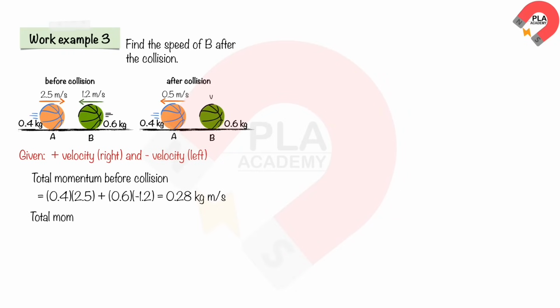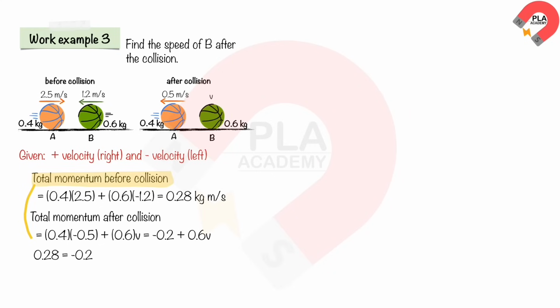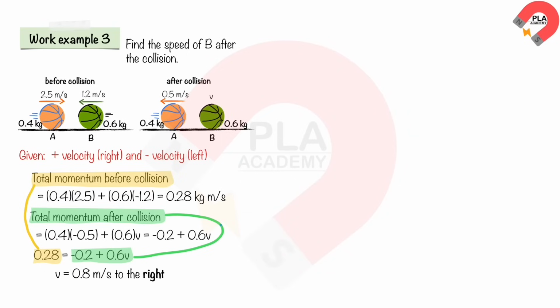The total momentum after collision is 0.4 times minus 0.5 plus 0.6 times v. It is equal to minus 0.2 plus 0.6v kilograms meters per second. The total momentum before collision is equal to the total momentum after collision, and then v is 0.8 meters per second, to the right due to the positive sign. Therefore, the speed of ball B after collision is 0.8 meters per second.